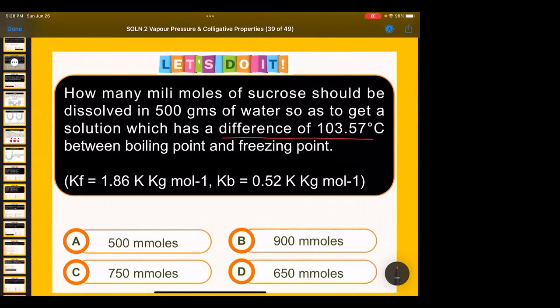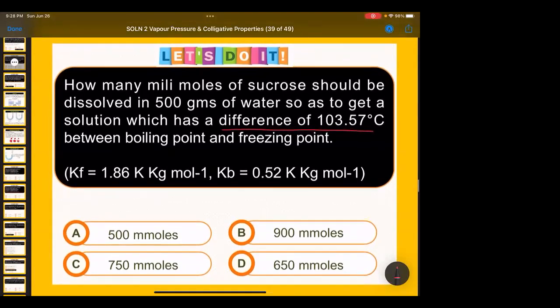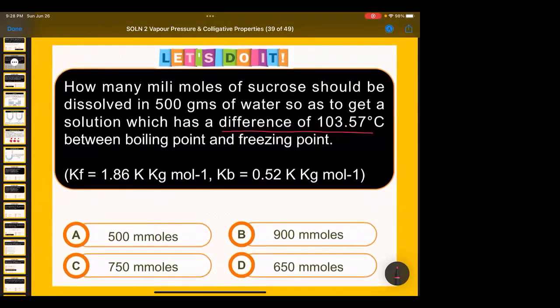So a solution which has a difference of 103.57 between the boiling point and the freezing point.